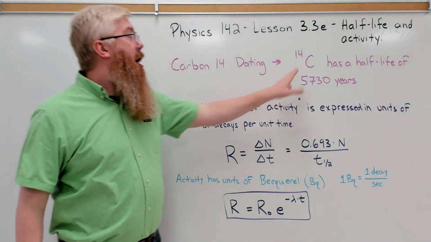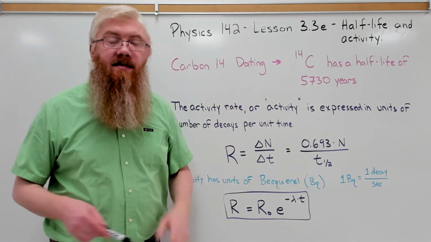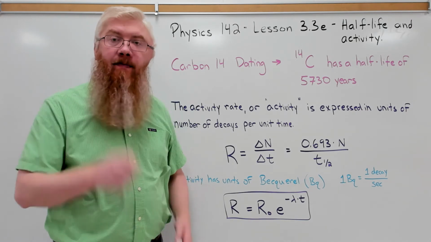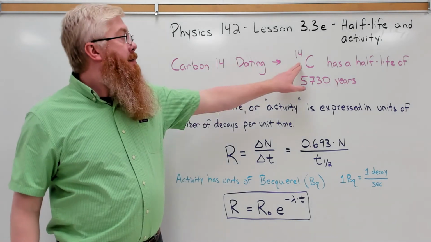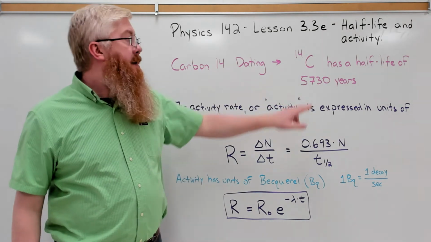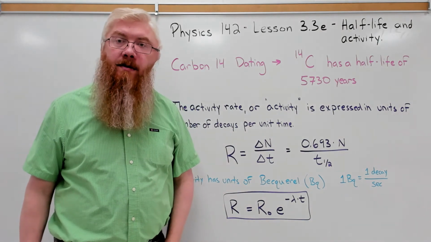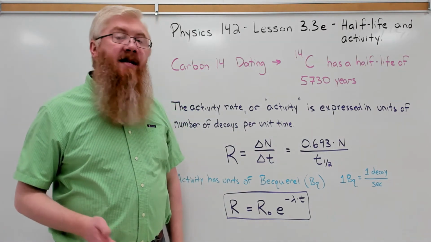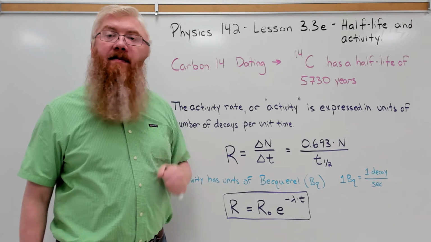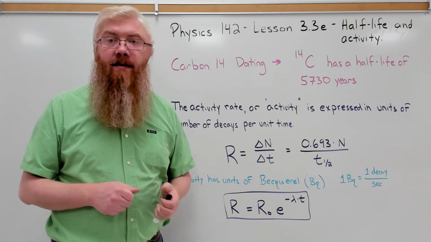Now, carbon-14 having a half-life of 5,730 years also means that for an individual carbon-14 atom, there is a 50% chance that it will decay before 5,730 years, and a 50% chance it won't decay in that amount of time. So you flip a coin. Does the carbon-14 decay or not?